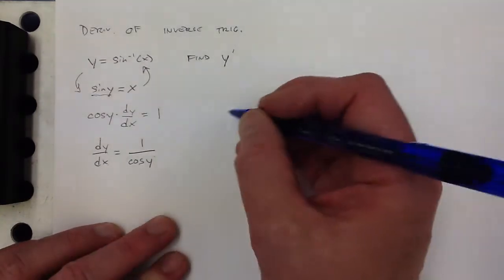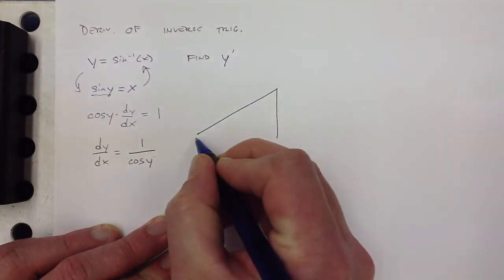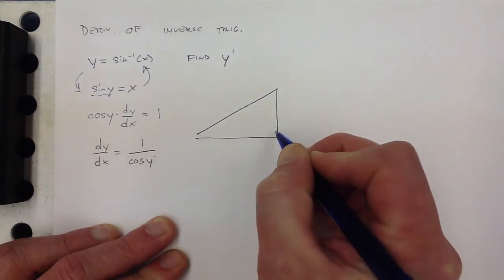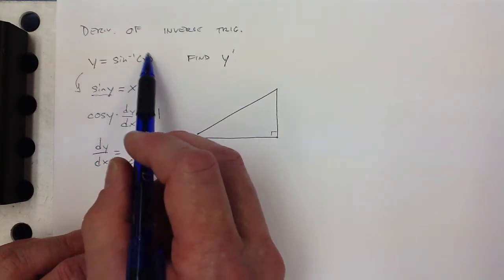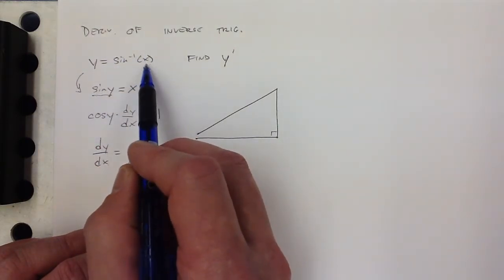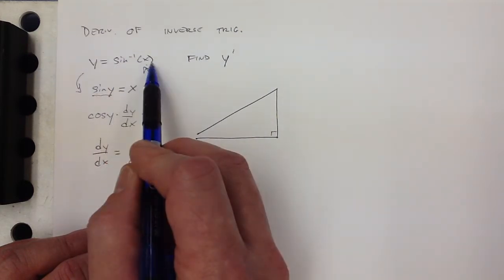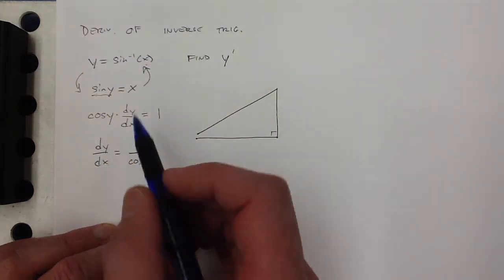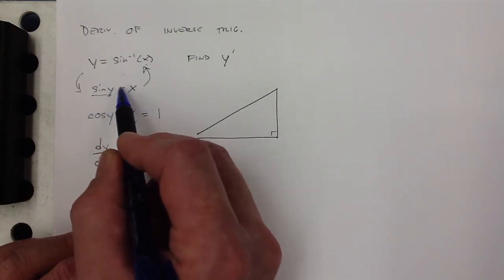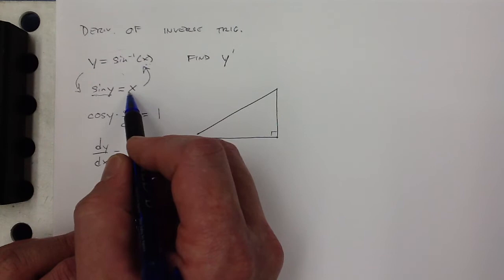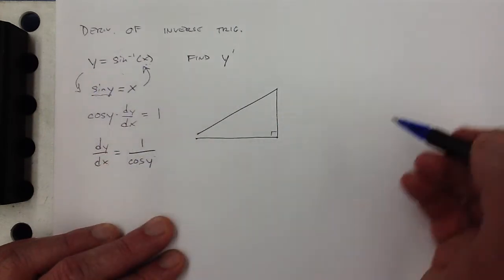I'm going to draw a triangle here. A right triangle. And I want you to think about this for a minute. Sine inverse of x is actually an angle, right? Usually the sine function, if you put something into it, you put an angle into the sine function, and you get its y-coordinate on the unit circle. And maybe pause here and think for a minute about what the sine function is.